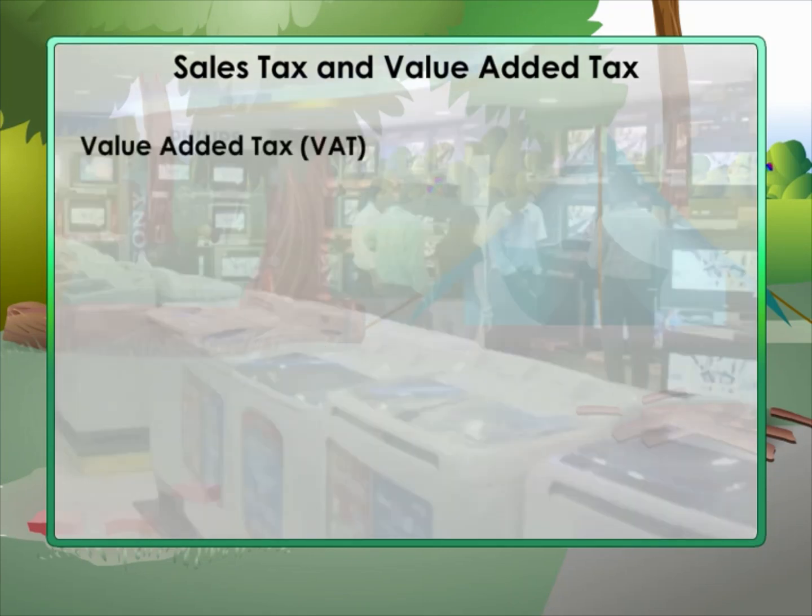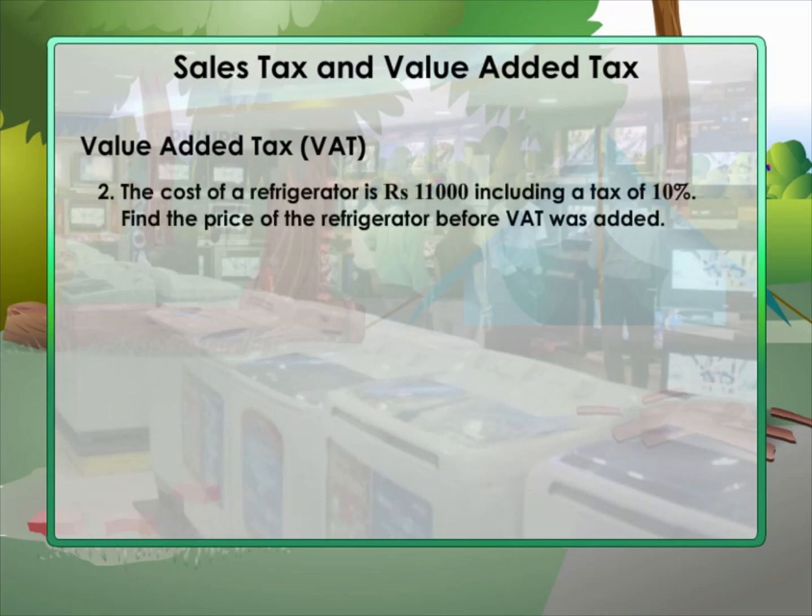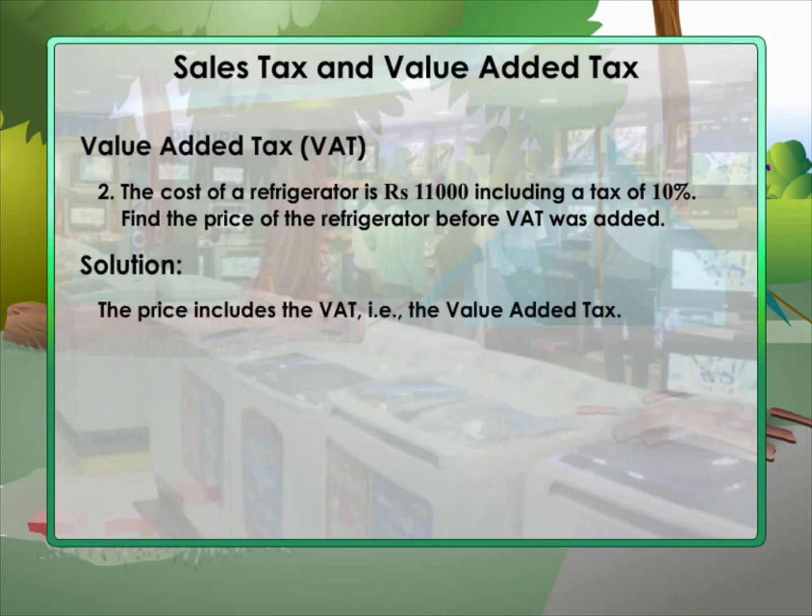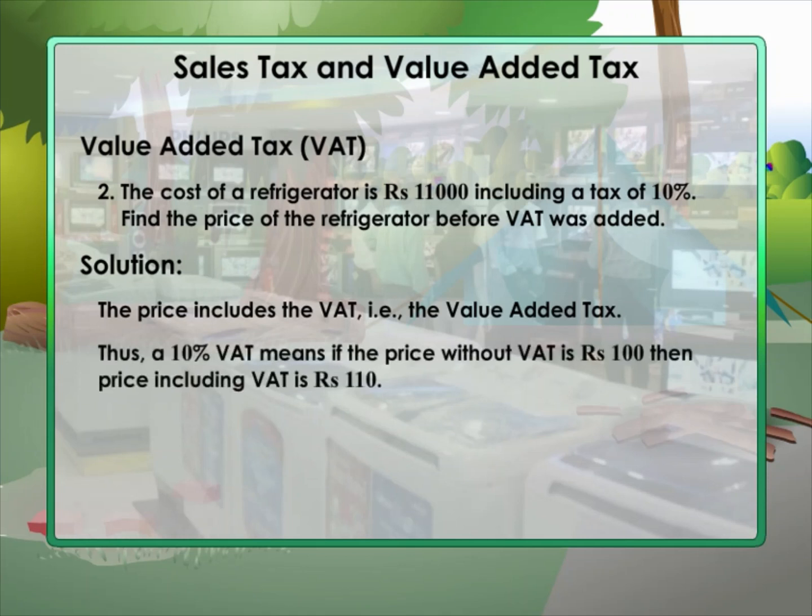Now let us do a problem for value-added tax. The cost of a refrigerator is Rs 11,000, including a tax of 10%. Find the price of the refrigerator before VAT was added. Solution. The price includes the VAT, that is, the value-added tax. Thus, a 10% VAT means if the price without VAT is Rs 100, then price including VAT is Rs 110.